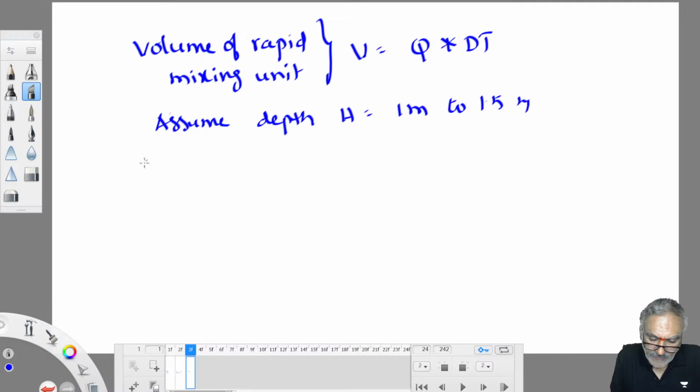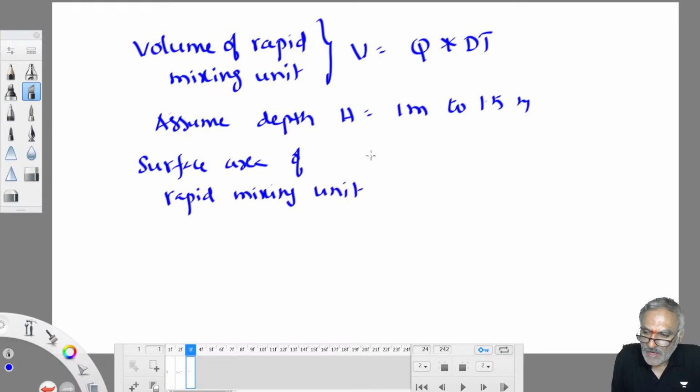Using this, I can find the surface area or plan area of the rapid mixing unit. Surface area is volume divided by depth.